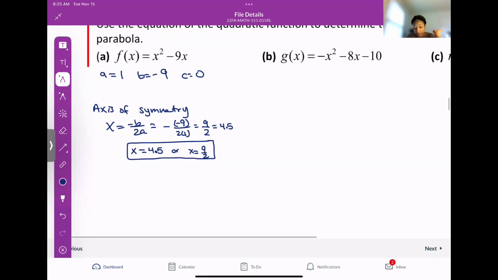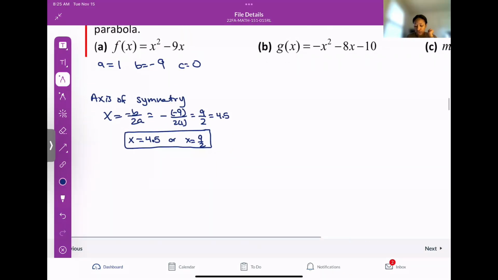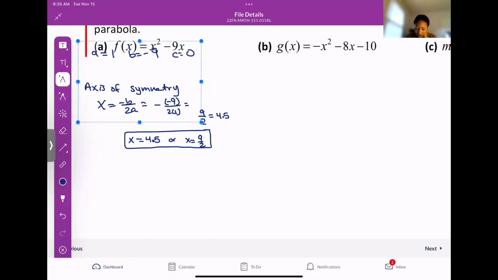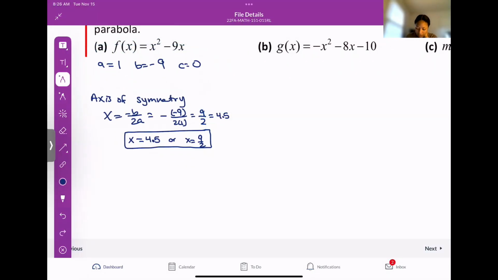Now, the nice part about this is, remember, negative b over 2a gives us two things. So yes, this is our axis of symmetry, but this also tells us the x coordinate of the vertex. So for our vertex, we already did some of the work. X is going to be equal to 9 over 2.